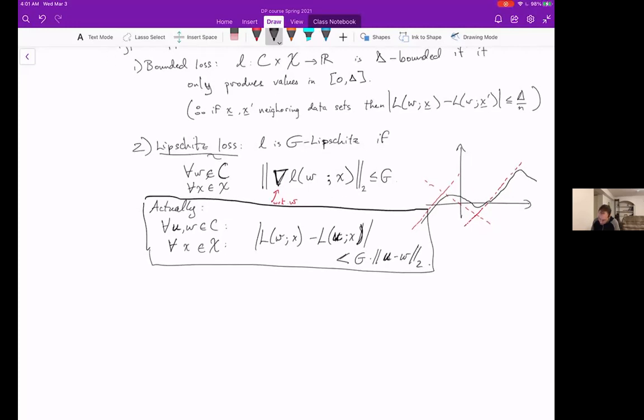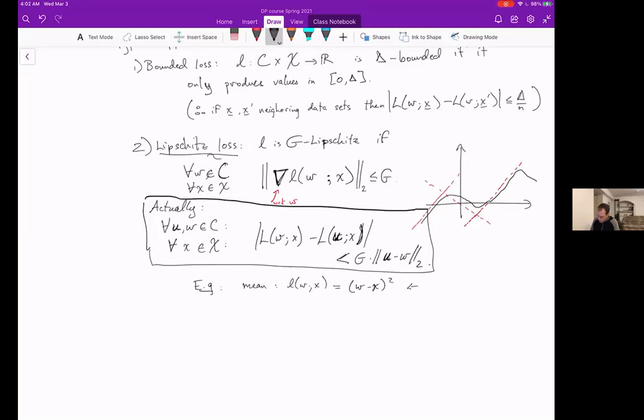So, for example, if we look at the loss function defined by the mean, remember that the loss function there, in 1 dimension, was (w minus x) squared. So the derivative of this with respect to w is 2 times (w minus x).